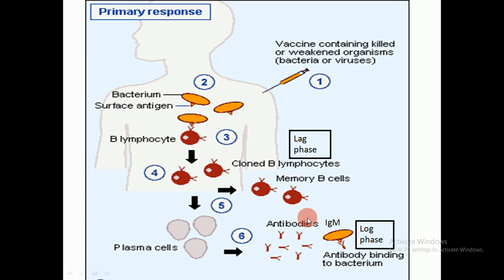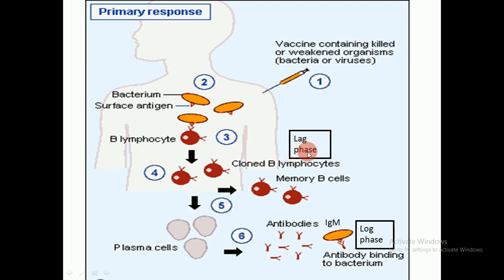This is the bacteria, and it stimulates the B lymphocyte, and then the cloned B lymphocytes proliferate and differentiate into plasma cells and memory B cells, and the plasma cell will secrete the IgM, which is the antibody binding to this bacteria, and this is called the logarithmic phase.